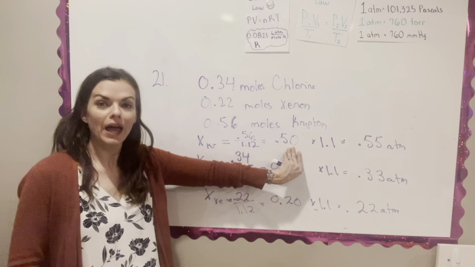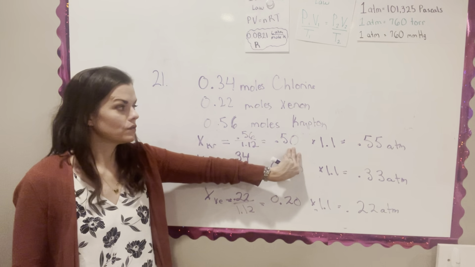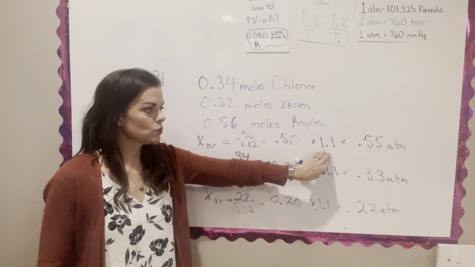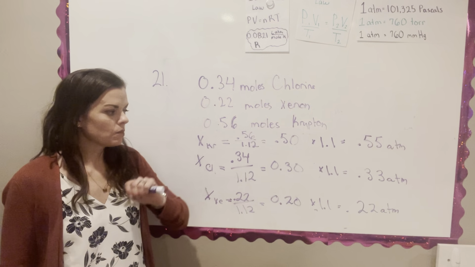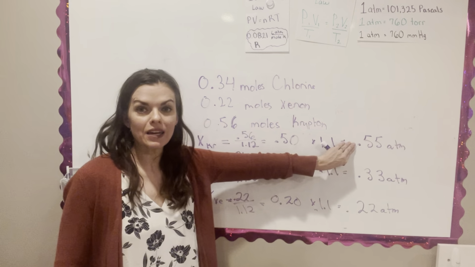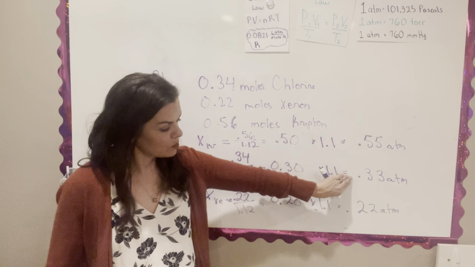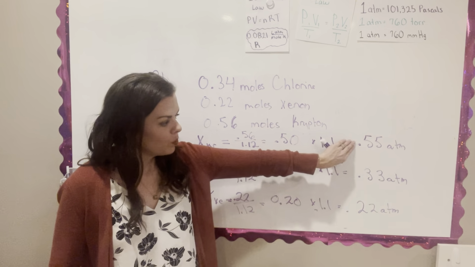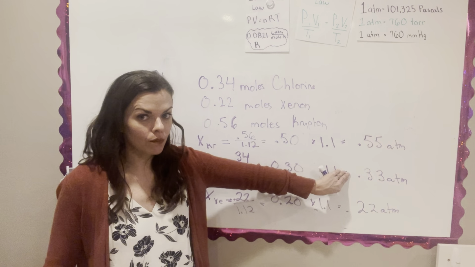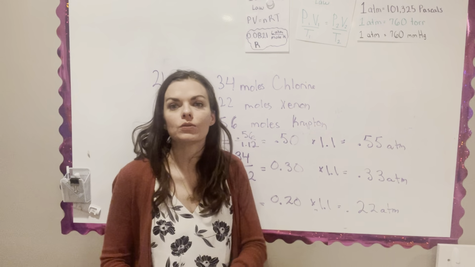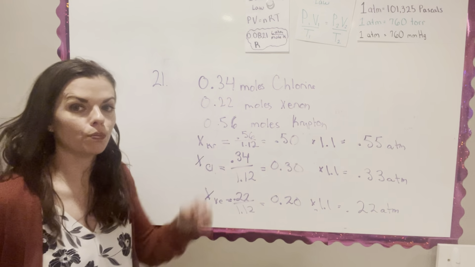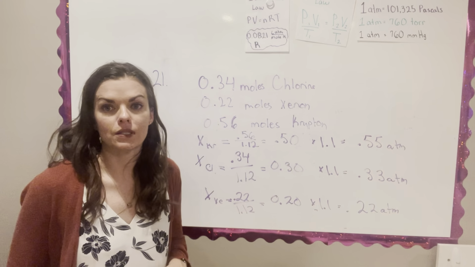Well, this one is half of that 1.1, so I take 0.5 times 1.1. Now I can check myself: if I add up 0.55 plus 0.33 atmospheres plus 0.22 atmospheres, I should get the total pressure of 1.1 atmospheres.